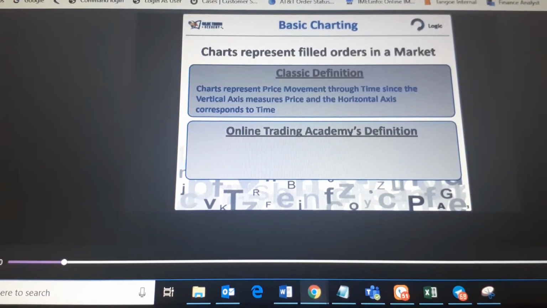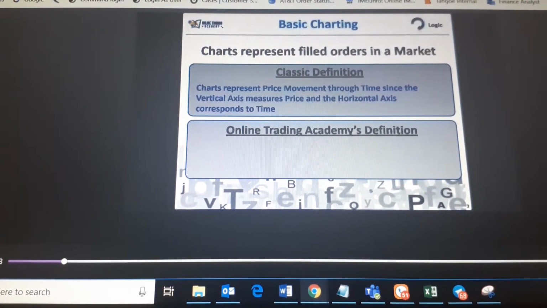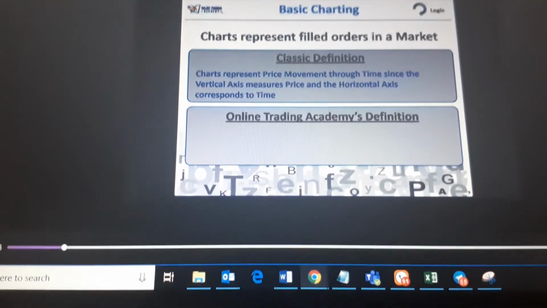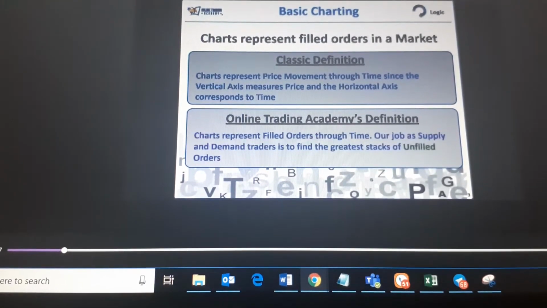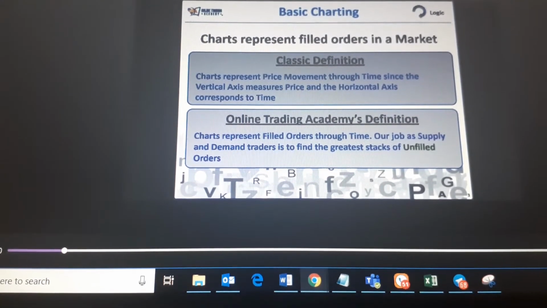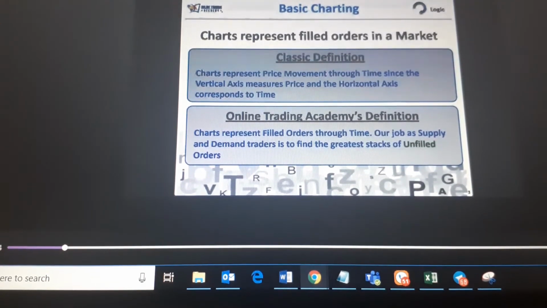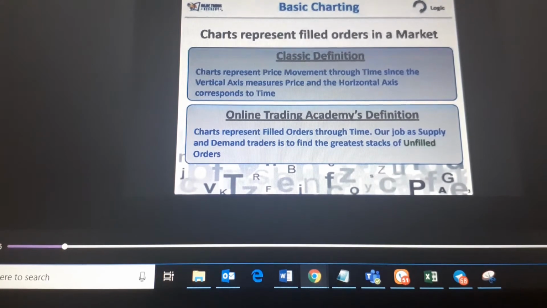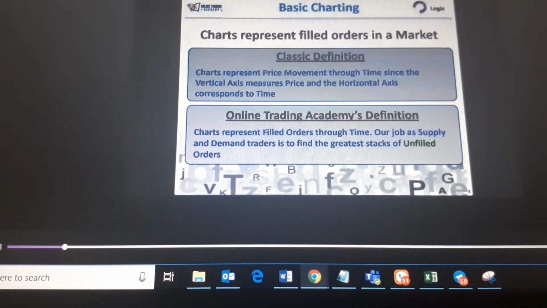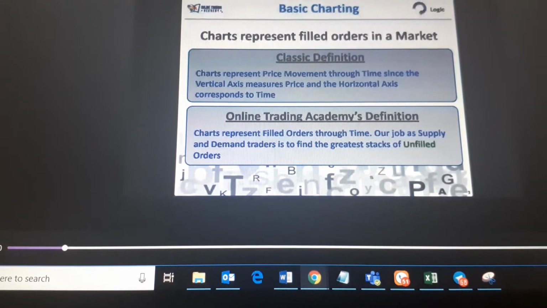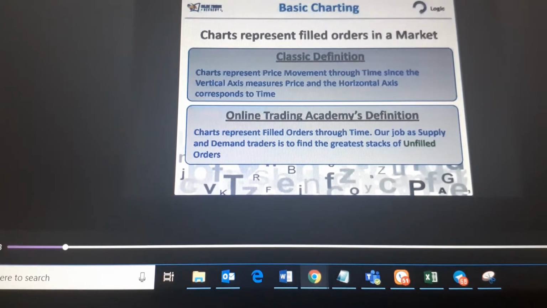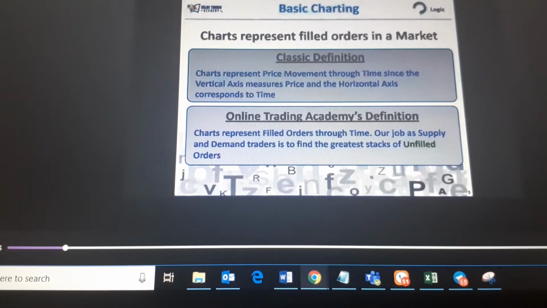Now what is Online Trading Academy's definition of a chart? A chart represents filled orders through time. Our job as supply and demand traders is to find the greatest stacks of unfilled orders. So a chart will always represent filled orders in the market. Where are the unfilled orders residing? You'll come to know that. Just hold on.